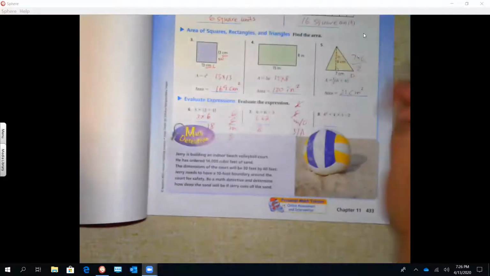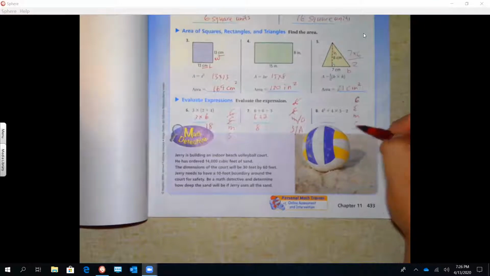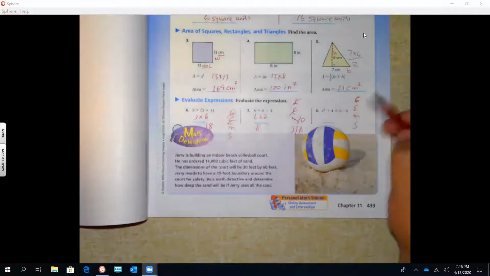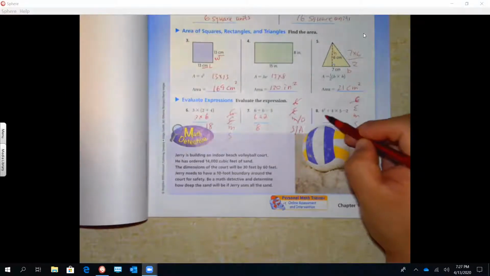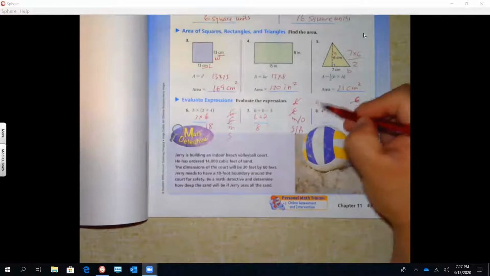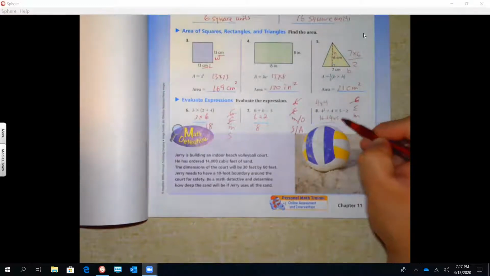Again, following order of operations, GEMS. No groupings, we do have exponents. This is the exponent right here. So this means 4 times 4, which is 16, plus 4 times 5 minus 2.